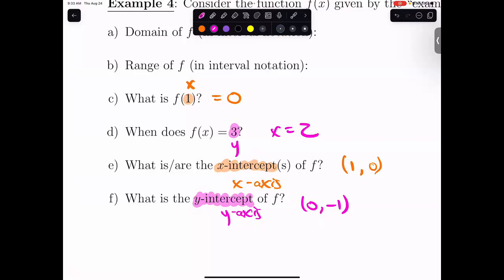Okay, does that all kind of make sense? Domain, range, finding an x given a y, or finding a y given an x. That's basically what all that comes down to. Like what we just did, coming up with the graph. I know I gave you that one, but we'll do some stuff where we need to come up with the graph for ourselves later on.